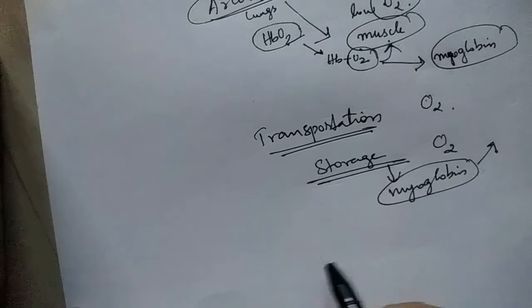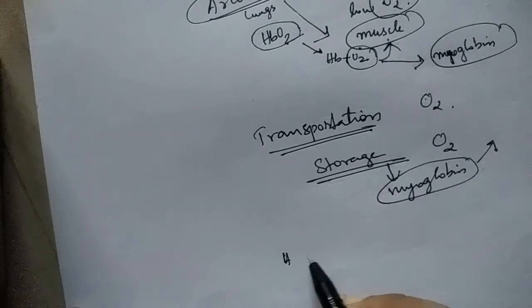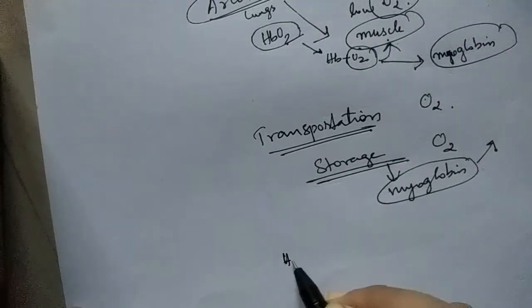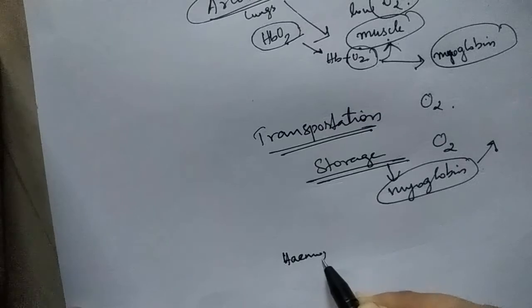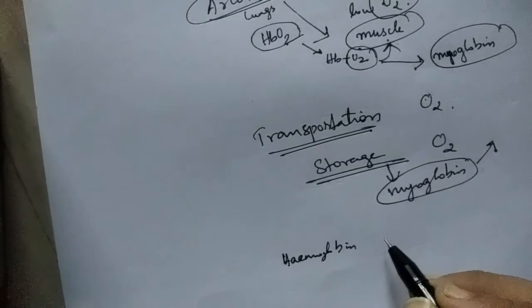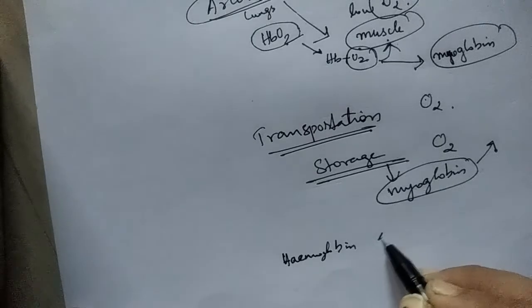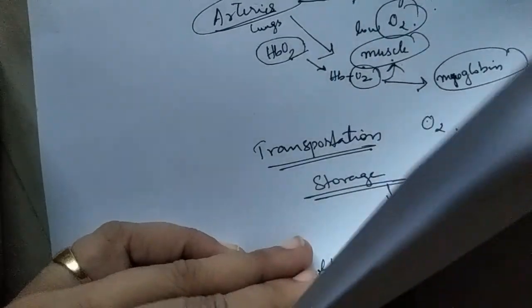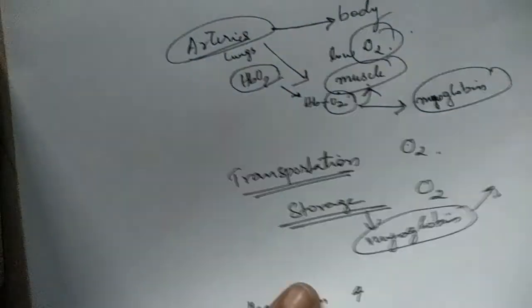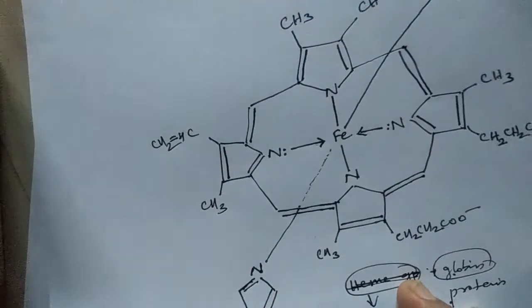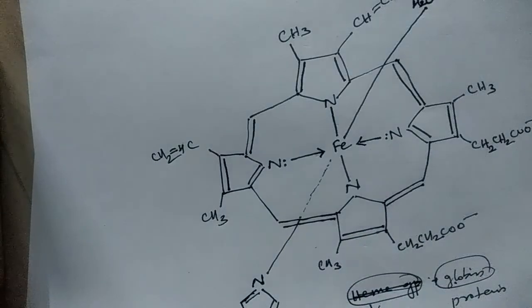Myoglobin has a structure similar to that of hemoglobin, and it will be having a heme part and a globin part. The only difference is that for hemoglobin, as we drew last time, you can expect four such structures. This is the structure: a heme part and a globin part.